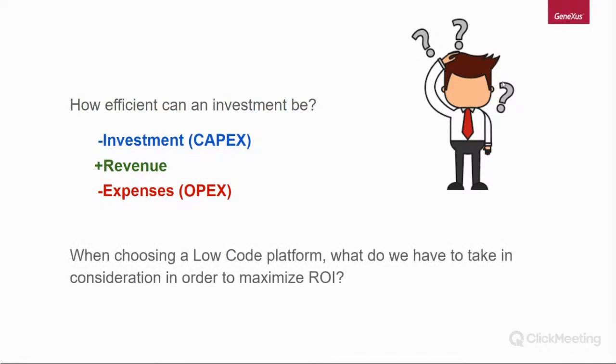So in this case, when choosing a low-code platform, what do we have to take into consideration in order to maximize ROI? Well, here we have two different markets for customers of software development platforms. On one hand, we have the software houses, a business whose intention is to build software and to sell that software.